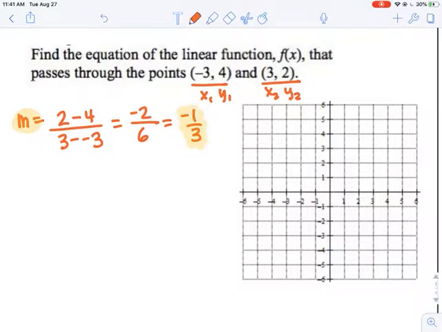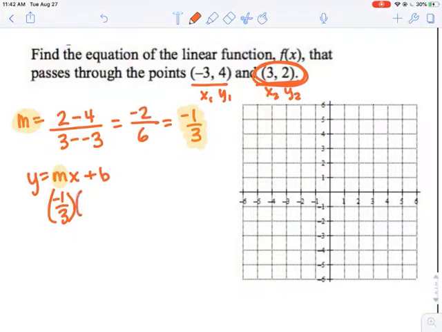And now I'm going to use my formula, y equals mx plus b, in order to figure out what the b is, or what my y-intercept is. So I know that m is negative 1/3. And then I actually have 2 x's and 2 y's, so I'm going to choose one of the points. For me, strategically, it's going to make more sense to do (3, 2), because I don't like negatives, to be honest.